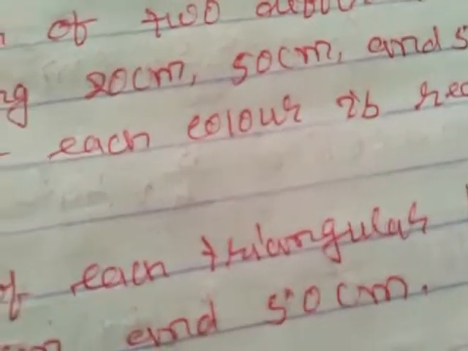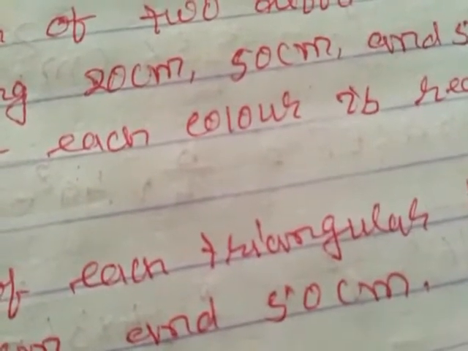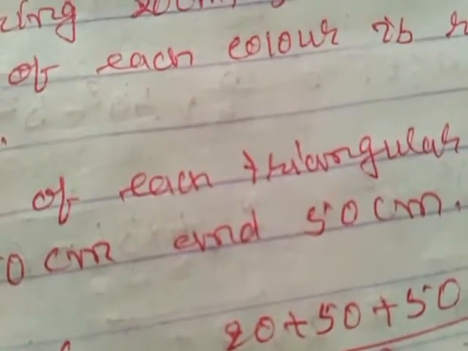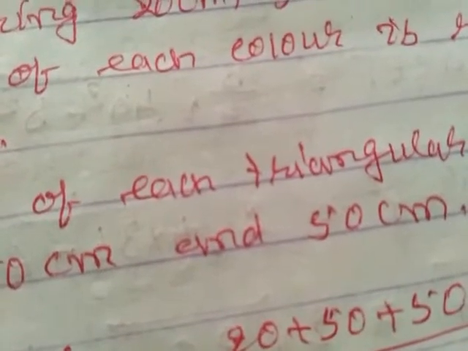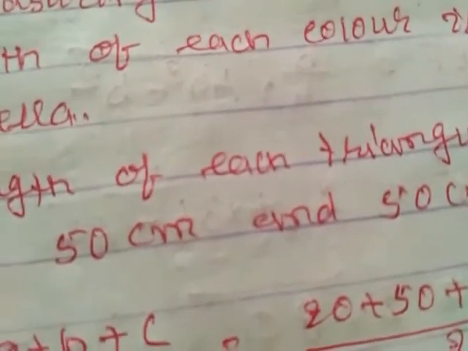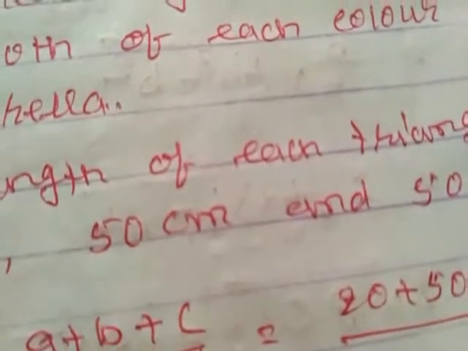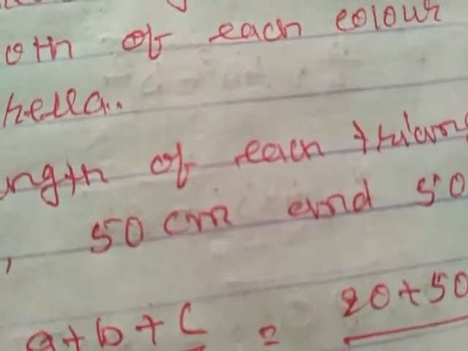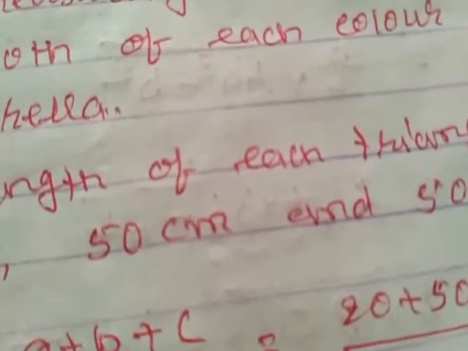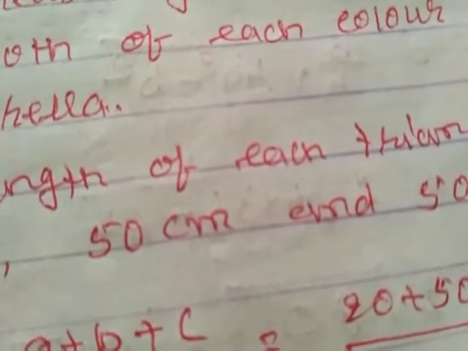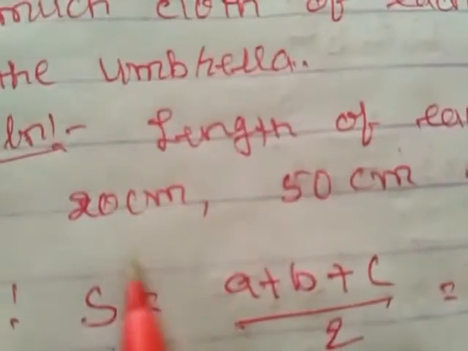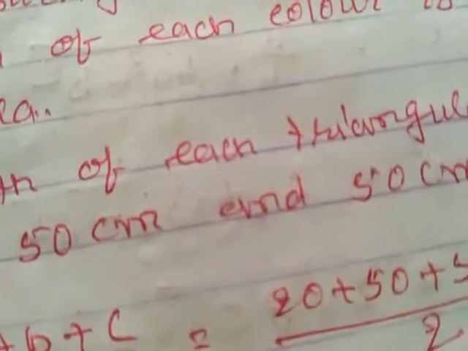Now the question is asking what is the area of each colored cloth of the umbrella. Students, in this question, first we will find the area of each triangular piece of cloth.